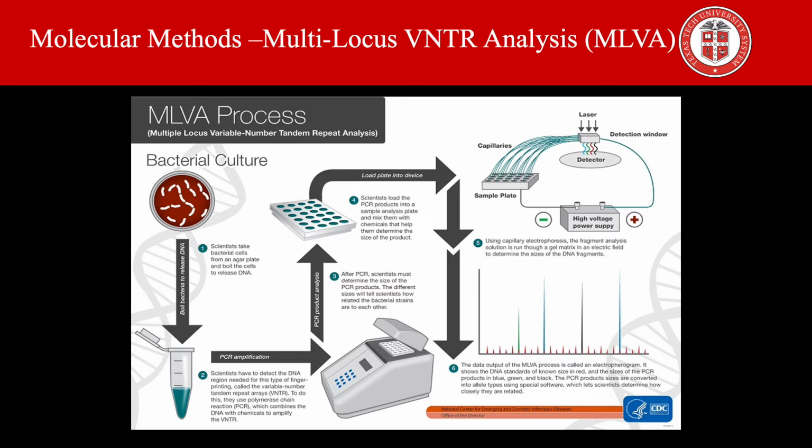This is another technique used by microbiologists to generate a DNA fingerprint of a bacterial isolate. Microbiologists usually perform MLVA after they have performed the pulsed-field gel electrophoresis, the PFGE, a method that I'm going to explain later, so they can get more detail about the type of bacteria that may be causing an outbreak.